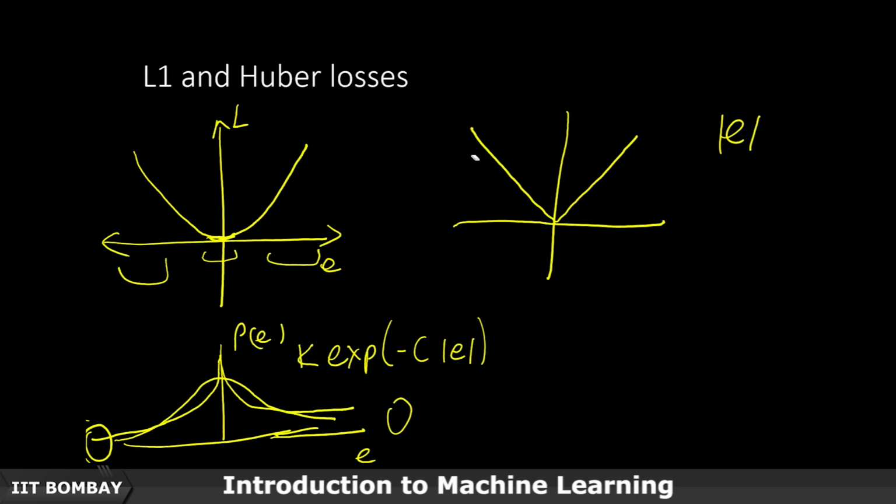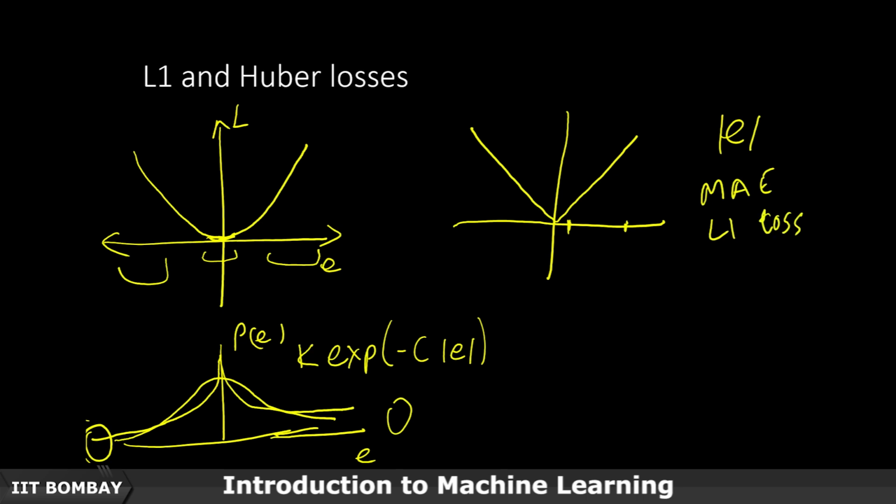So it doesn't give undue importance to the outliers. It gives as much importance to an outlier as it gives to anything that is close to the origin. That way it is an outlier rejection strategy, for which mean absolute error, MAE or L1 loss, is used for regression.